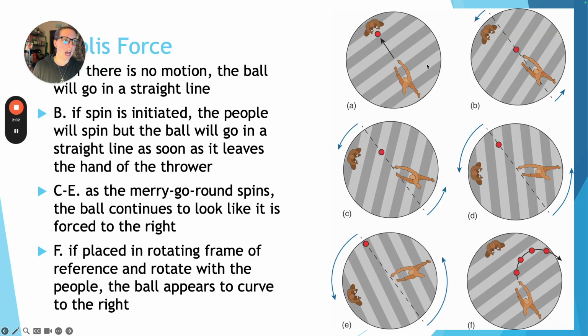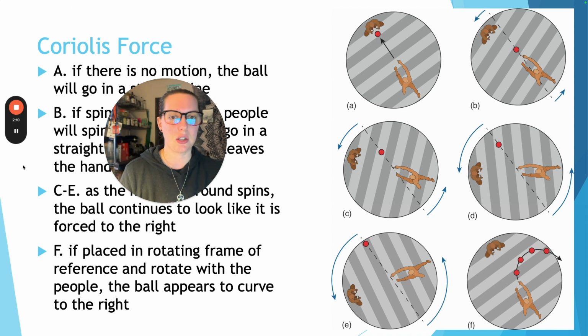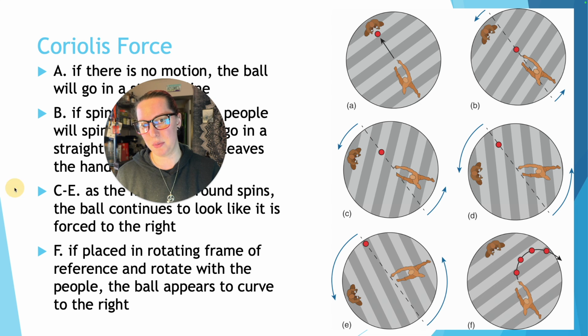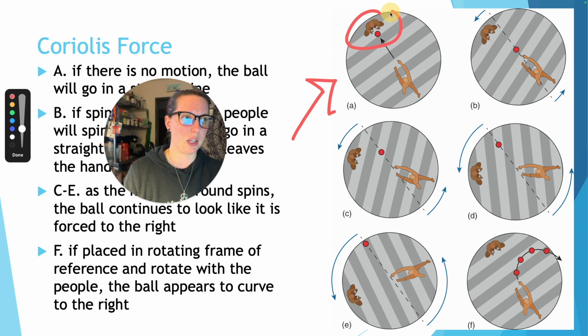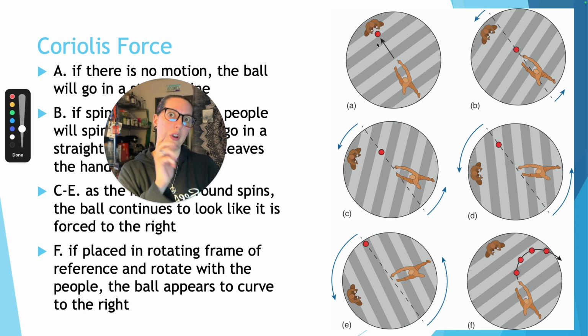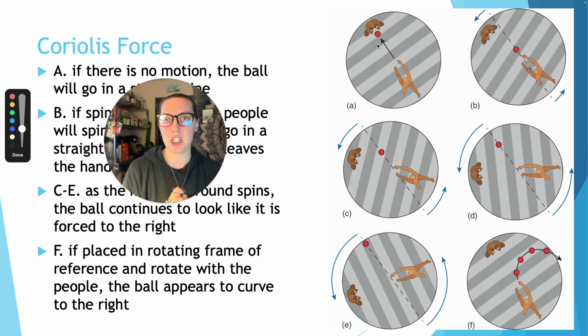This slide is meant to be a way to explain this, so let me see if I can do some drawing on here as well. So we're going to pretend like we're here, right? So here's you and here's your friend. And you are essentially throwing a ball back and forth from each other. But again, the merry-go-round is not spinning yet. So you're just tossing it back and forth, no problem, no issues, right?